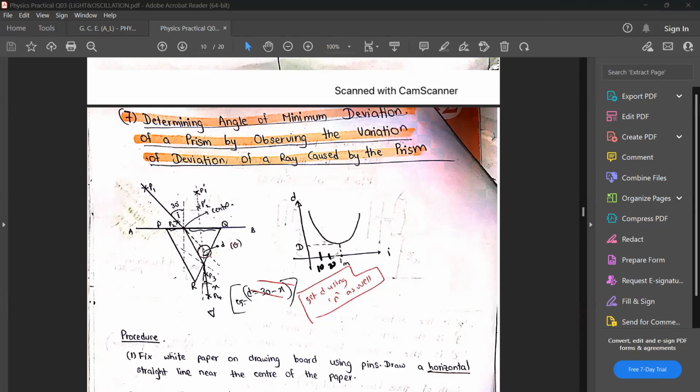When it is 20, you have a somewhat high deviation. But when it is close to 45, you have the minimum deviation, and after you pass 45, it increases again. It decreases, is minimum in the middle, and then increases. This is how the angle of deviation varies. Do you understand that?